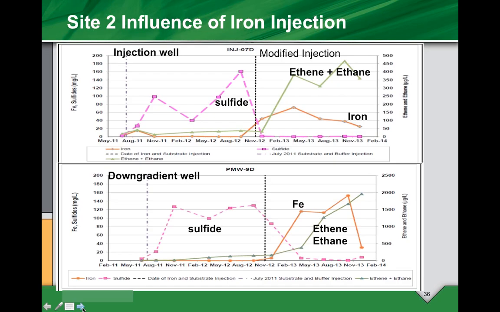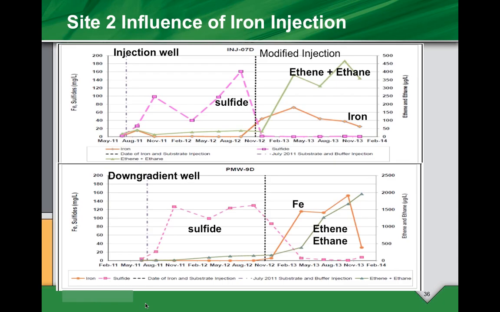And we can see that resulted in a rapid decrease in the sulfide concentration. The sulfide has been maintained at low levels for over 1 year. And we can also see in orange that the iron concentrations in the groundwater increased, as did the production of ethene and ethane, indicating that we've stimulated biodegradation due to most likely the injection of iron.